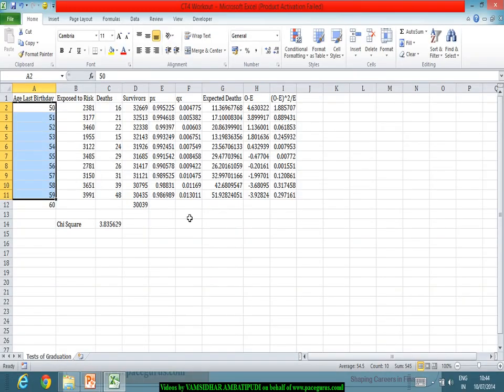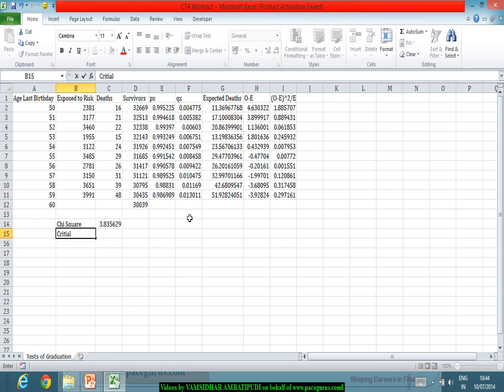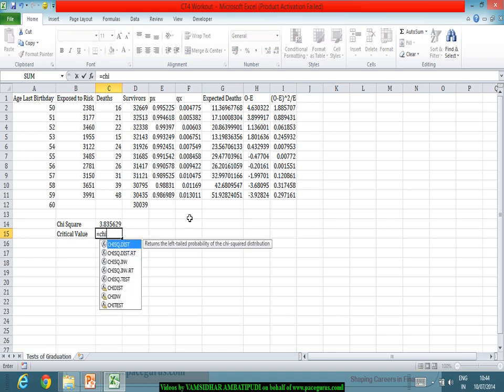So I can look at the typical critical value for this chi-square test, at 10 degrees of freedom and at 5% level of significance.